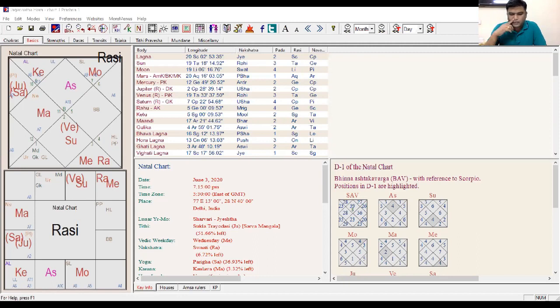Okay. Now Neeraj, go to the birth chart. First birth chart. Gulika and the triangle from Gulika, you have to note down all these three signs.